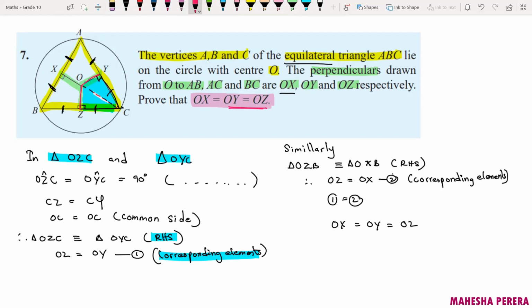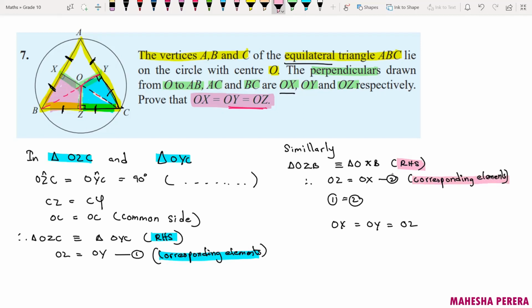So in the same manner, we are going to do a construction here, and no need to write all the steps. You can say similarly, these two triangles are congruent. Again, for the same reasons, it is based on RHS, right? Therefore, the corresponding elements are equal.